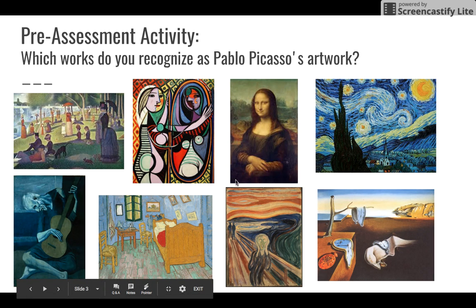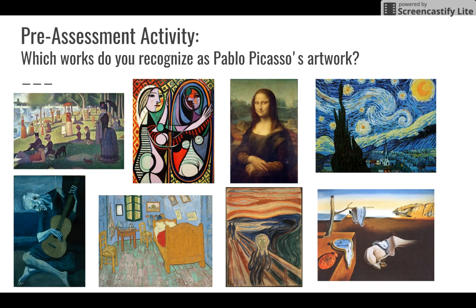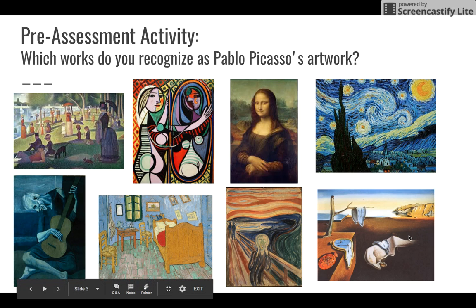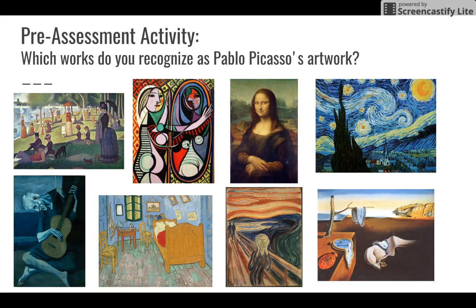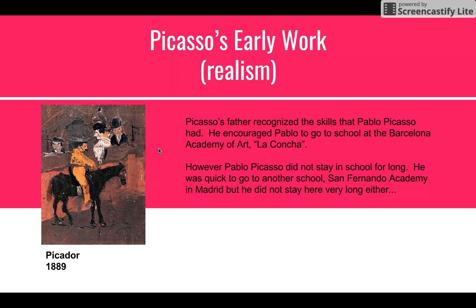We have the Mona Lisa. We have another work down here that's actually by Salvador Dali. So the two that are Pablo Picasso's, we have this one and we have this one down here. And we are going to learn about these two periods of these artworks as we go on.